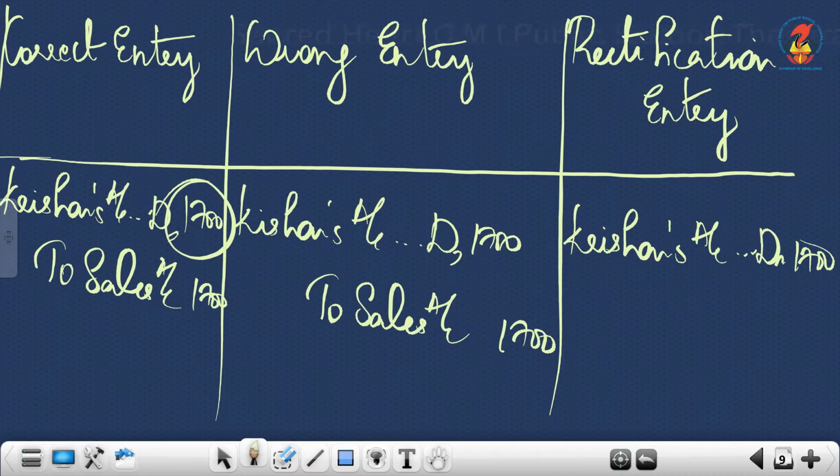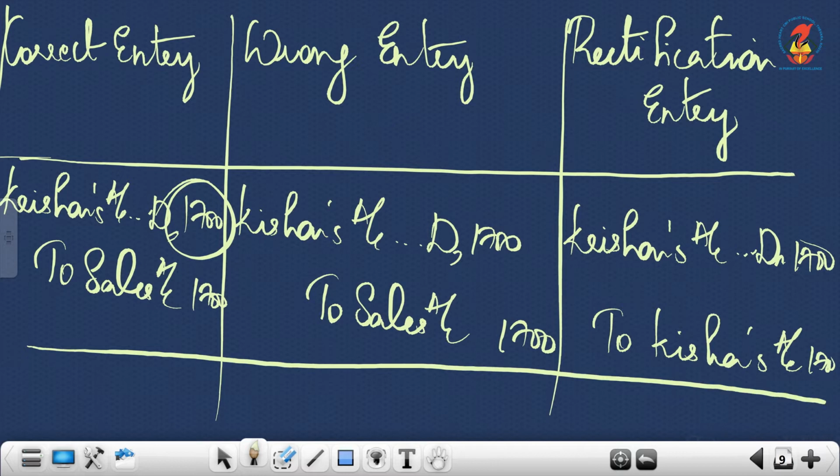Then sales to be credited with 1,700, we have done it correctly, no mistake, so no rectification needed. Whereas here wrong entry, we have Kishan's account wrongly debited. Is it needed? Not needed, so we will cancel it by crediting. So to Kishan's account we will write 1,700. Understood? So this is the rectification entry for the first transaction.